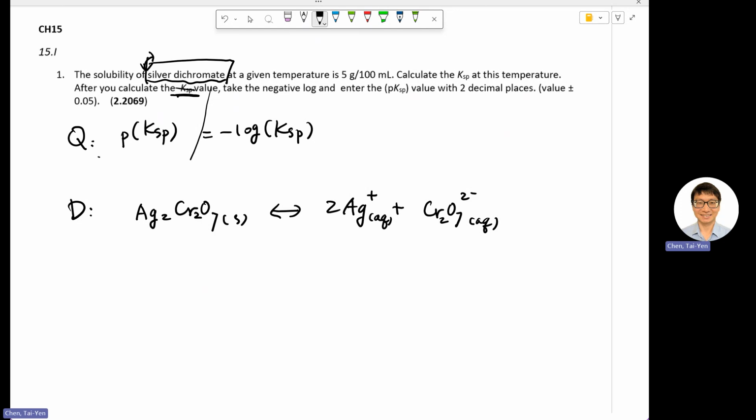This tells you how many of that element are within the chemical formula, and that's how you get this 2 right here.